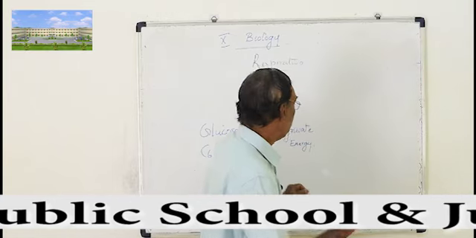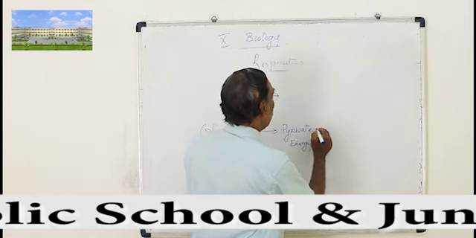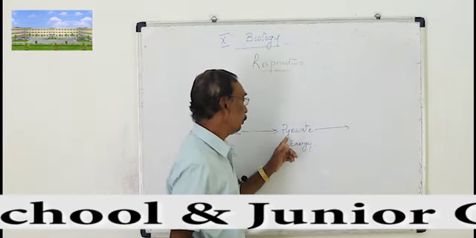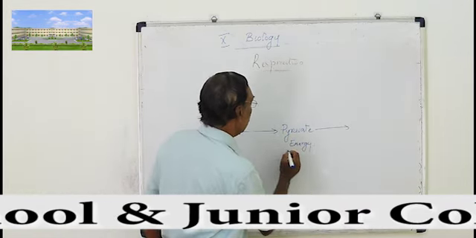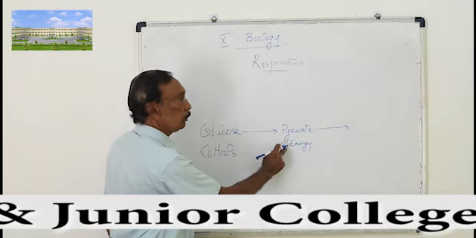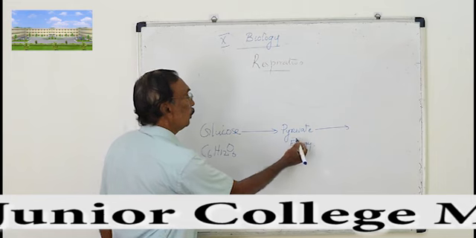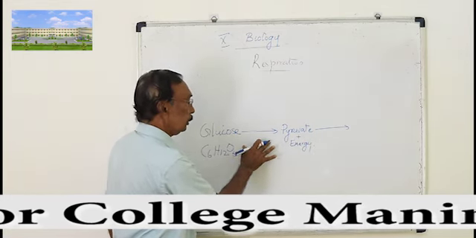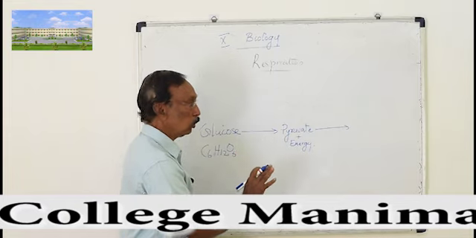Glucose is 6 carbon, and pyruvate is a 3 carbon containing compound, and a small amount of energy is produced. This reaction takes place in the cytoplasm of all organisms.